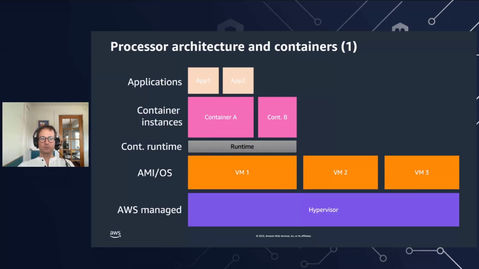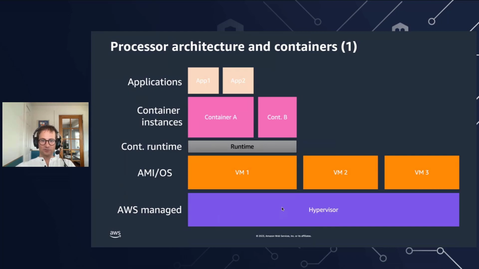The overall picture of a container-based application running on AWS, whether that's through services like Fargate, where you just manage the container, or whether you're managing your own orchestrator on top of EC2 instances, behind the scene, that's always the same thing. You have a hypervisor, which is generally managed by AWS, that's offering you the ability to run virtual machines on top.